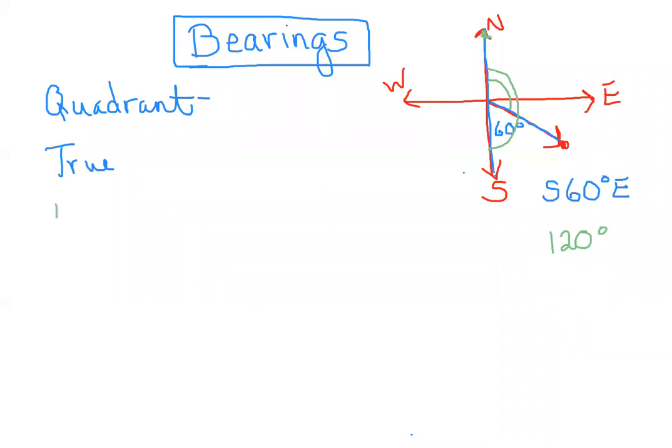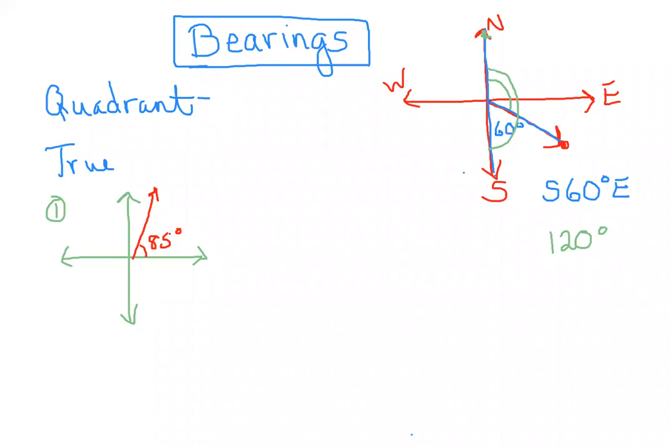Example number 1. We've got our axes, and we have our vector right here, and it's telling us that this angle right here is 85 degrees. So it says for each vector, give the quadrant bearing and the true bearing.